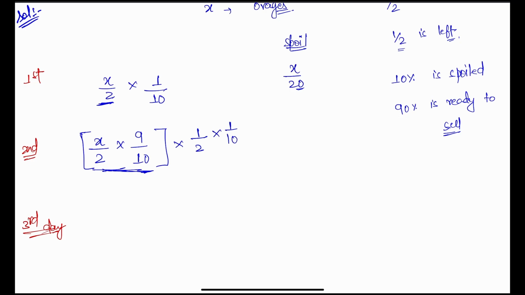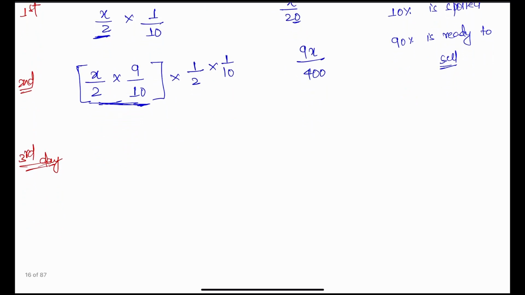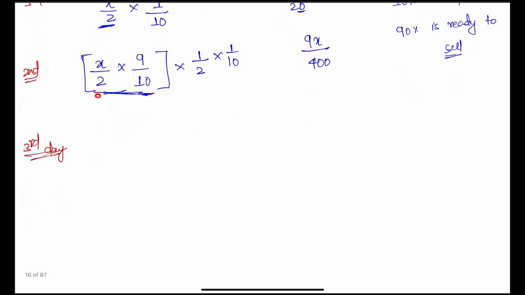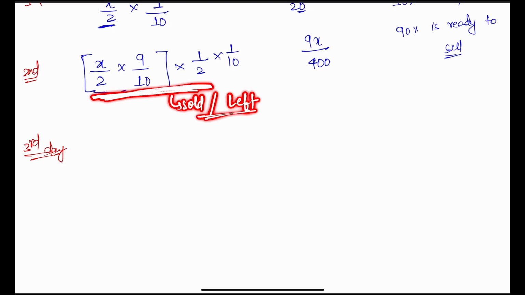So how much will it be? 9x upon 400. So again if you look closely, this much of our stock was sold and the same amount is left. From this left, 10% is spoiled.